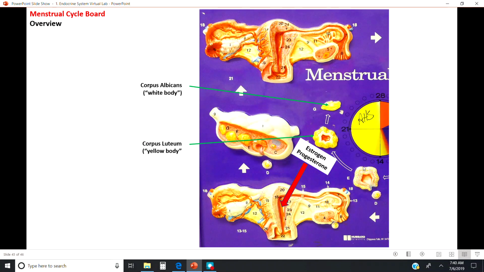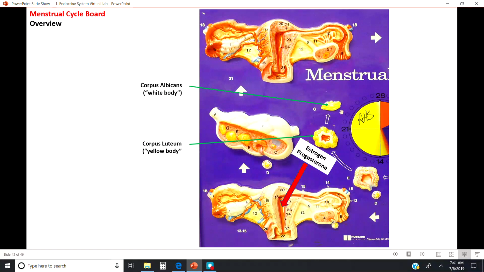this corpus hemorrhagicum is going to turn into the corpus luteum. Corpus luteum literally means the yellow body. What's important here, this corpus luteum is going to release massive amounts of estrogen and progesterone. And that estrogen and progesterone is really going to thicken the lining of the uterus, right?